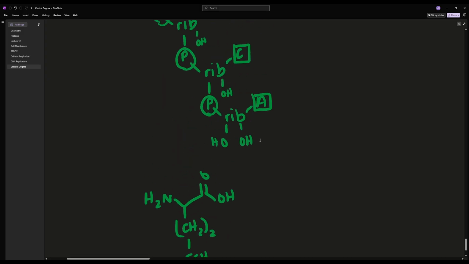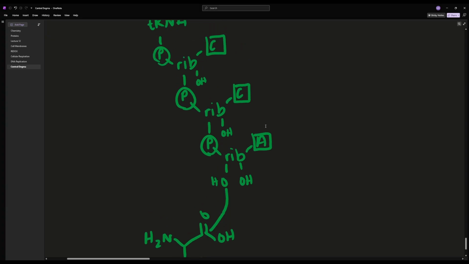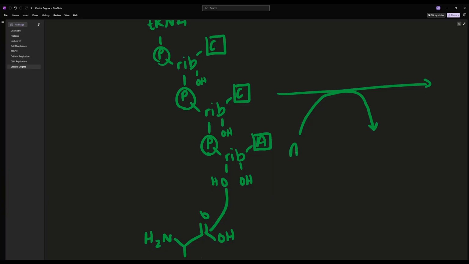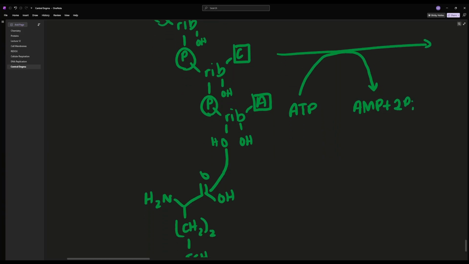What's going to happen is through the use of ATP, we're going to connect this oxygen to the carbonyl carbon. Like I said, this is going to expend ATP, and it actually uses so much that it goes not to ADP, but to AMP and inorganic phosphates.